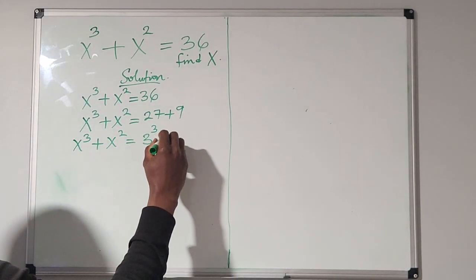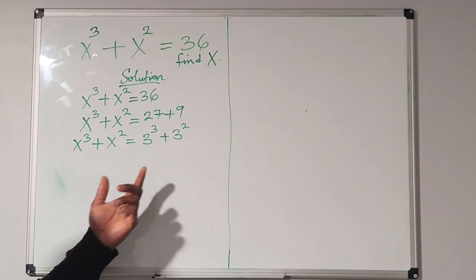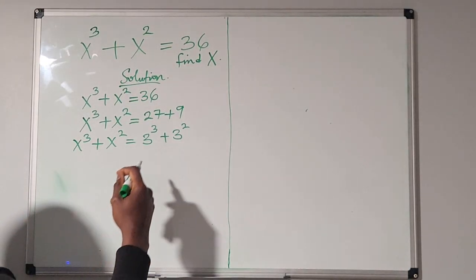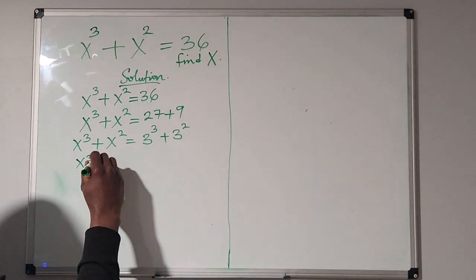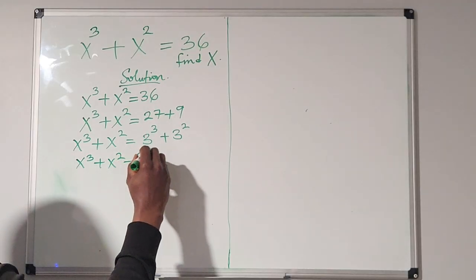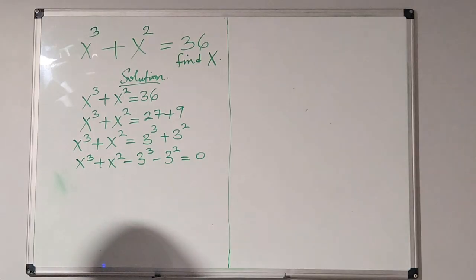It becomes 3 cubed plus 3 squared. So next we're going to move everything on the right-hand side to the left-hand side, and then equate it to 0. So we have x cubed plus x squared minus 3 cubed minus 3 squared equals 0.